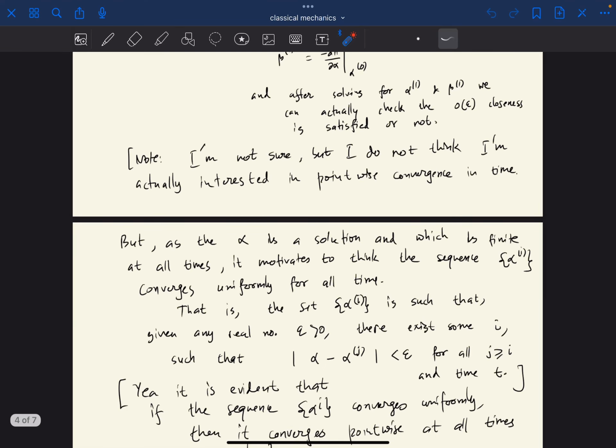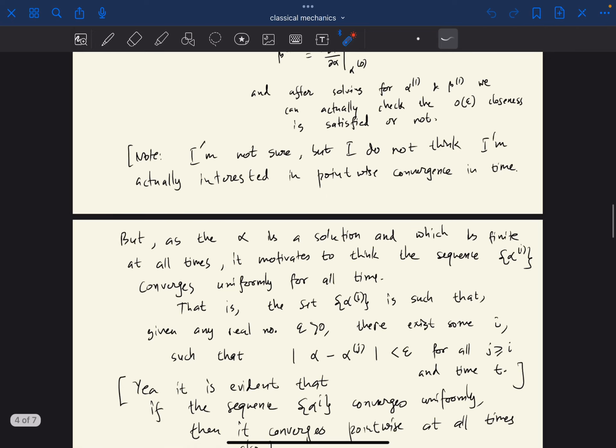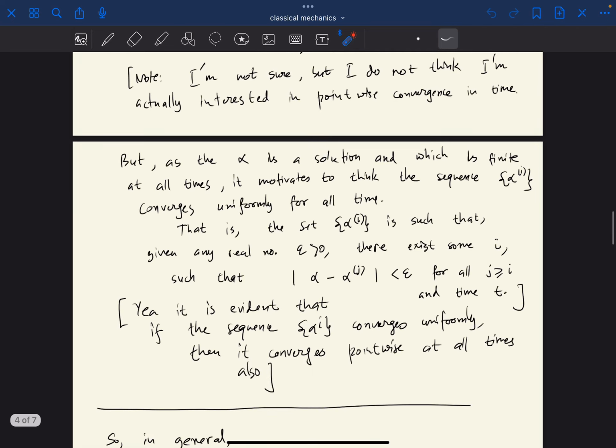So I'm not sure, but I do not think that I'm actually interested in pointwise convergence in time, but as alpha is a solution which is finite at all times, it motivates us to think that the sequence actually follows uniform convergence for all time.